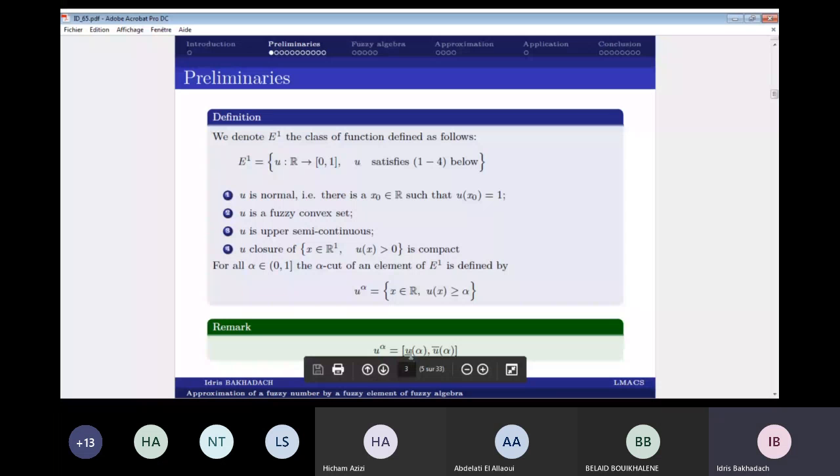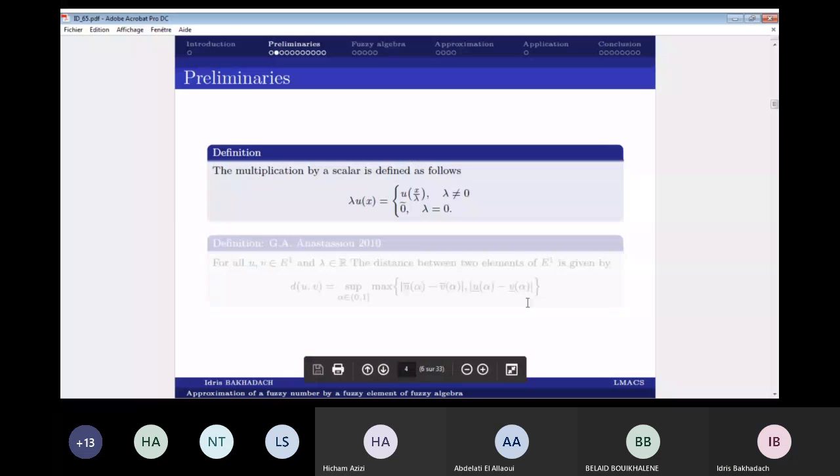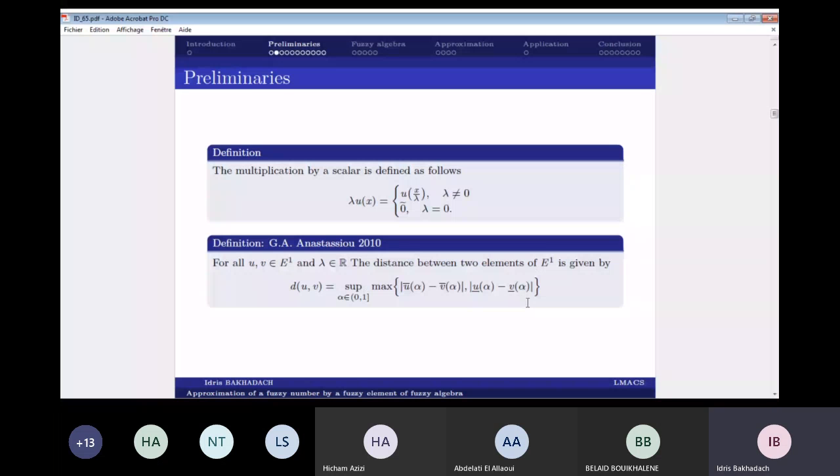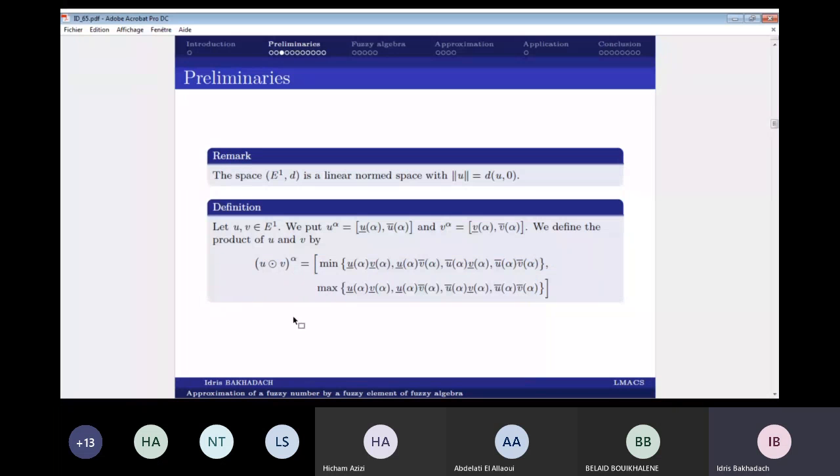The multiplication by a scalar is defined as follows. We also define the distance between two fuzzy elements by this equality. And we can say the space of fuzzy numbers with the distance is a linear normed space, with the norm being the distance between the fuzzy element and the fuzzy zero.